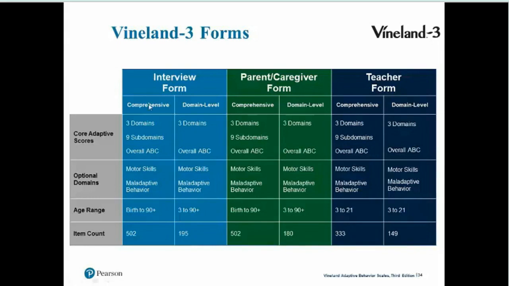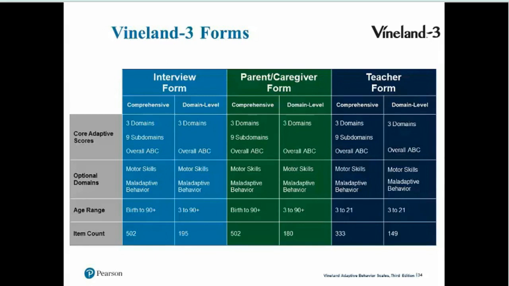Also note that the comprehensive form has a lower start point. It starts at birth as opposed to age 3. So developmentally, the questions on the comprehensive form have a lower floor, an earlier developmental start point. So if you are working with a child who's even 4 or 5 or 6 years old or older, but who is functioning below the 3-year-old level, it's probably a good idea to use the comprehensive form.